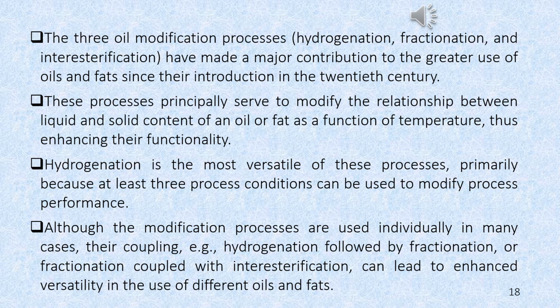Above all, hydrogenation is a very versatile process. So how to perform the hydrogenation process? To perform the hydrogenation process, we keep three conditions while performing it, and we can modify the oils and fats to enhance their further performance.